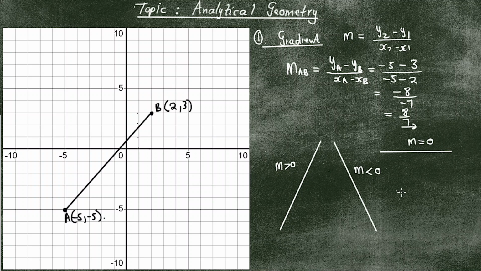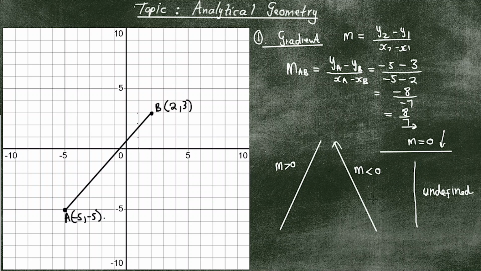It's going to be 0. But if your line is vertical, the gradient is undefined. There is no gradient. There is no slope. So for a horizontal line, the slope is 0. When it's vertical, it's undefined.